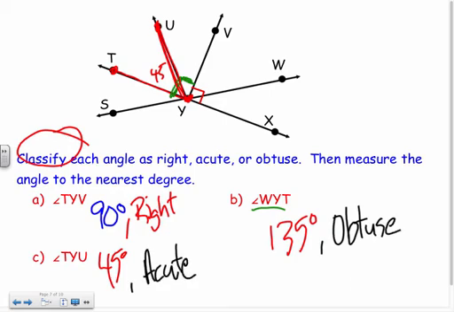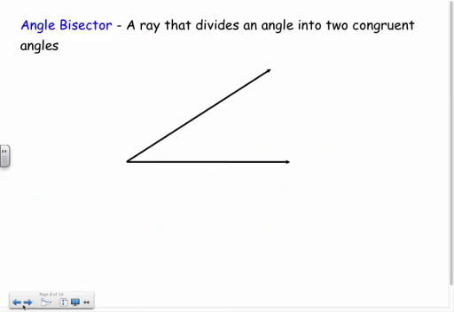Okay, this is stuff that you've done before. Angle bisector. Here's a new term, bisector. The prefix bi means two, like bicycle. Bisecting something means cut it in half. A bisector is a ray that divides an angle into two congruent angles. So for example, if I bisected this angle, it would be somewhere around there.